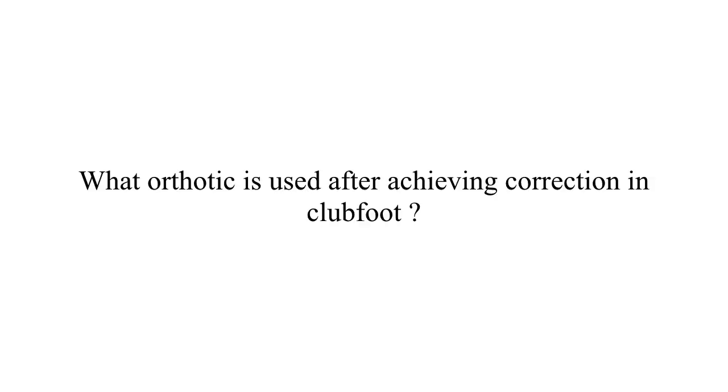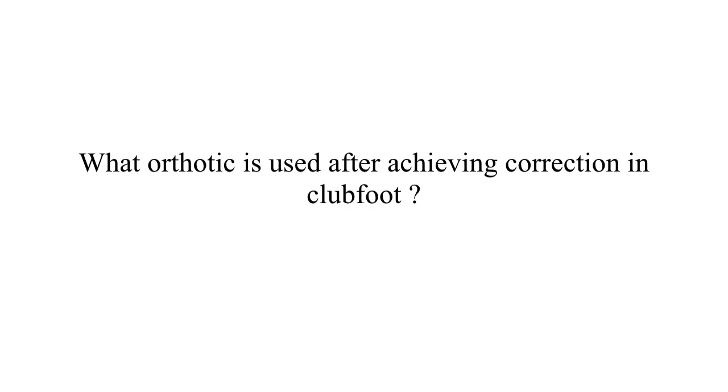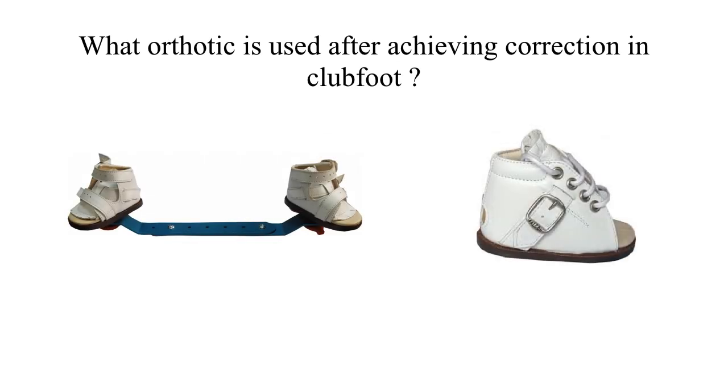What orthotic is used after achieving complete correction of all the deformities in clubfoot, either surgical or by casting? So once we achieve the correction, we put the child on this orthotic, and this is called as Dennis Brown shoes.